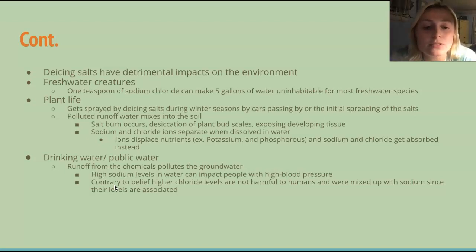High sodium levels can impact blood pressure, and chloride doesn't really have an impact, contrary to the beliefs. It's just the association between chloride and sodium that mixes up, but it's the sodium that does the damage.